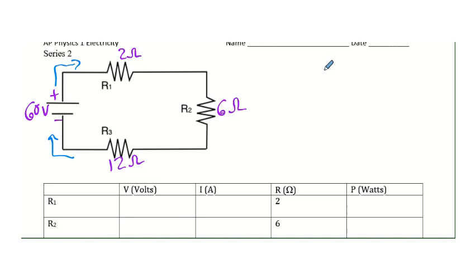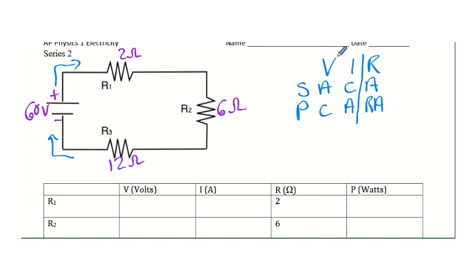So we can go ahead and write VIR, SAKA PAKARA, which is our mnemonic for indicating the rules of circuits. So since we have only done series circuits so far, we're really just looking at this first row.